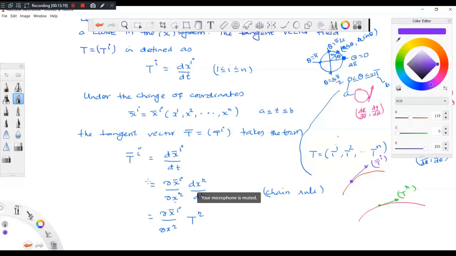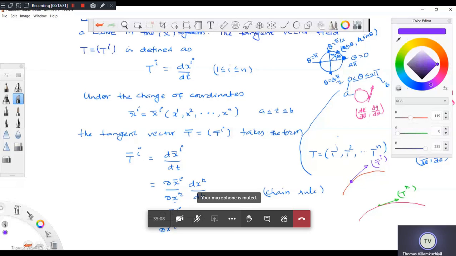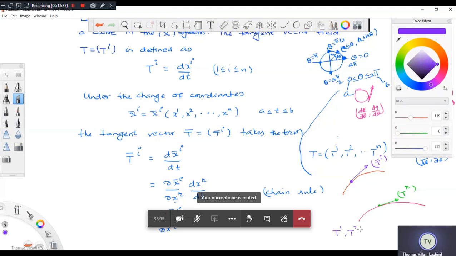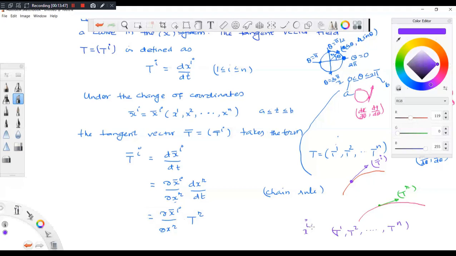How is this vector transforming? This will have n components, which you may write as T 1, T 2, etc., T n. This is in the x i system. What is the corresponding thing in the other system, x bar i?